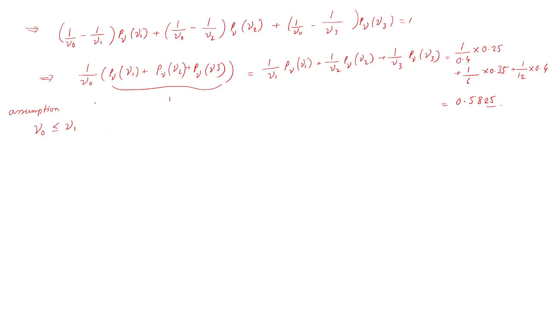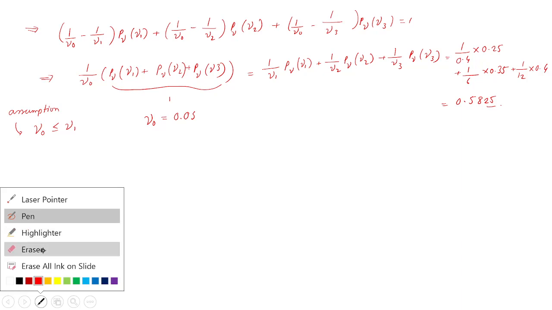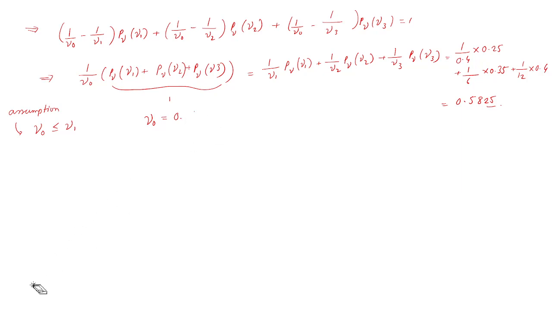If gamma naught is less than gamma 1, it is similar to saying that gamma naught is less than all of the instantaneous SNR. So this is our assumption, but gamma naught comes out to be 0.5825.